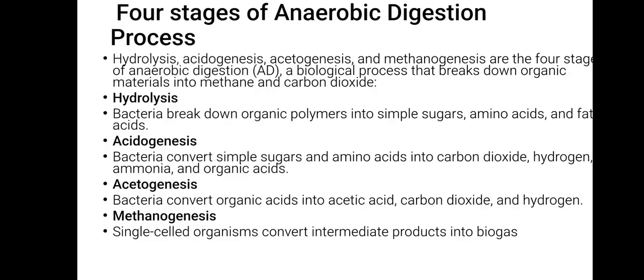Acetic acid, carbon dioxide and hydrogen are obtained from the organic acids formed in the acidogenesis process. The last stage is methanogenesis, where single-celled organisms convert intermediate products into biogas. So these are the four stages of the anaerobic digestion process.